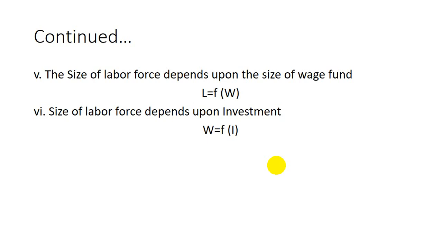According to this proposition, if the wage fund is raised, the size of labor force will be large, or vice versa. People in the past did not realize that population growth could adversely affect the standard of living. So they did not realize that an increase in population growth would affect their standard of living.